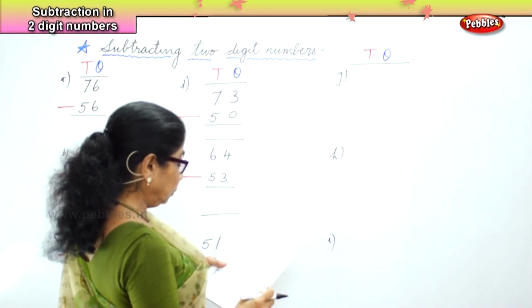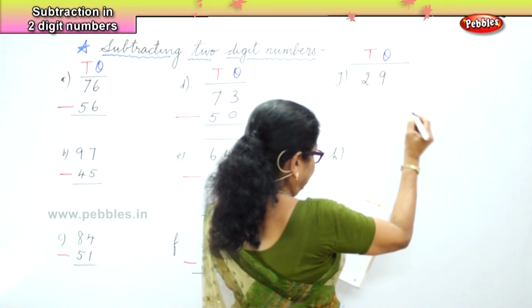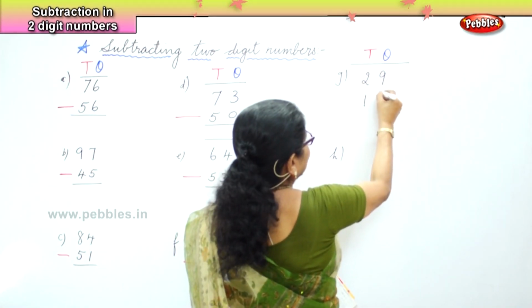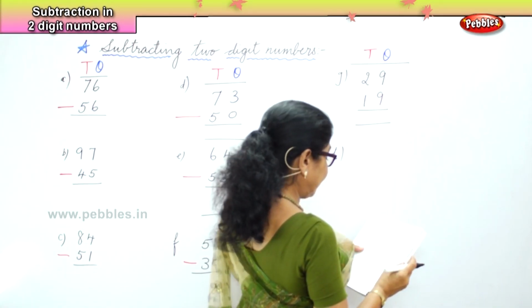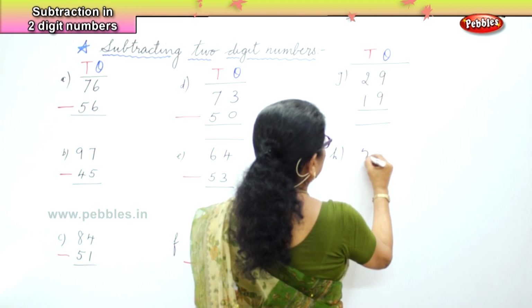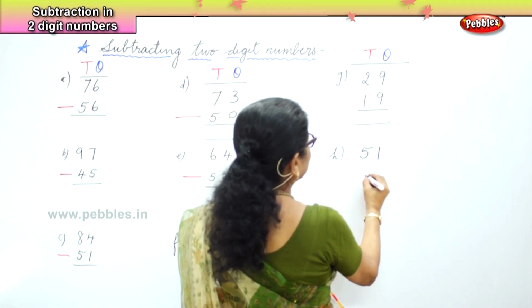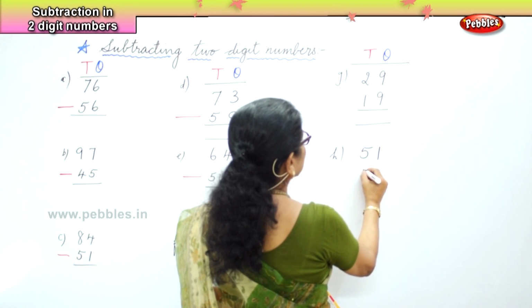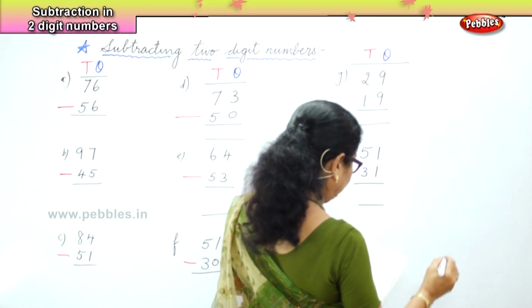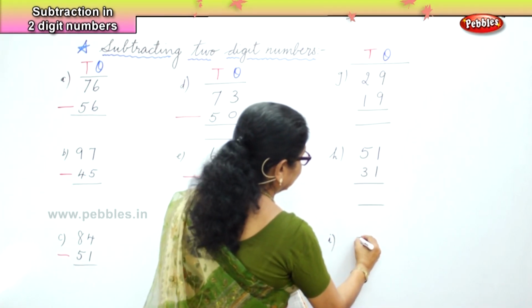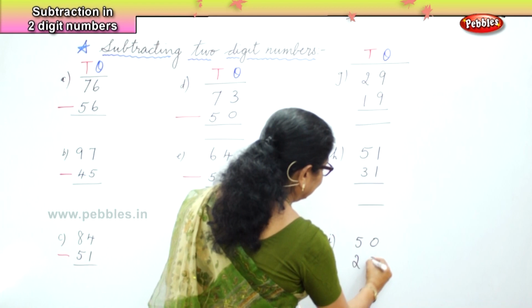Okay, now 29 minus 19. And the next, 51 minus 31. Then 50 minus 20.